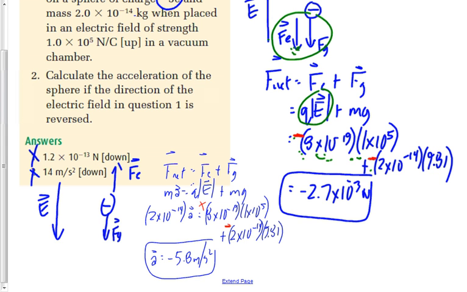Oh, okay. So did anybody get 6.0? If you get 6, you use this number, 1.2, but really that's a rounded number. So we want to use whatever this works out to be divided by 2 times 10 to the negative 14, which should give me negative 5.8, I think.